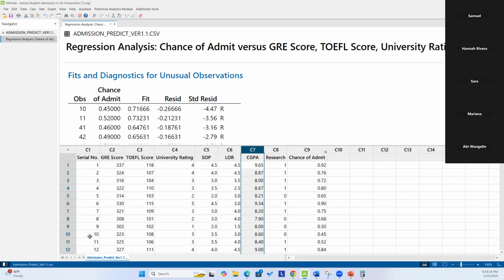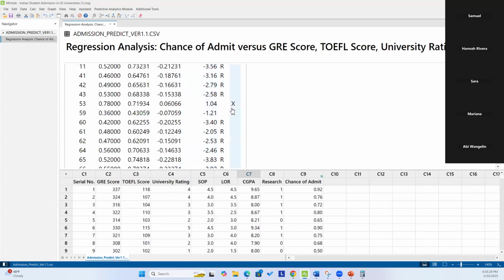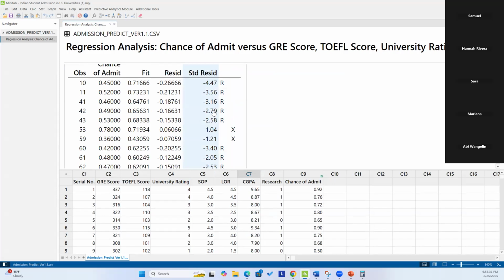So here you see the 10th observation, where chance of admission is only 45. So for these observations, maybe somebody has made a data entry problem or data collection issue.